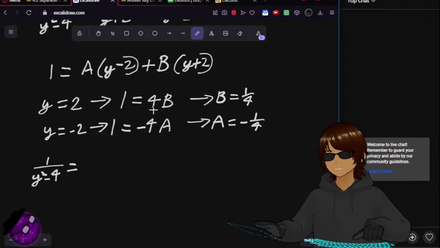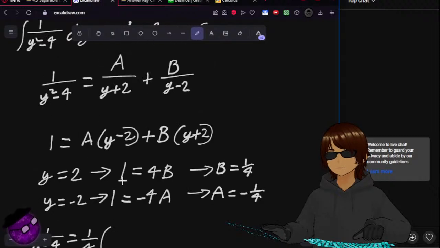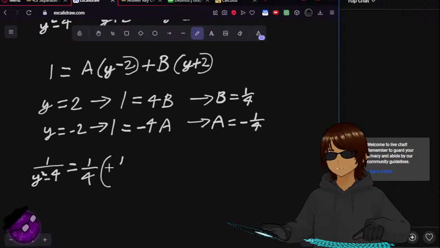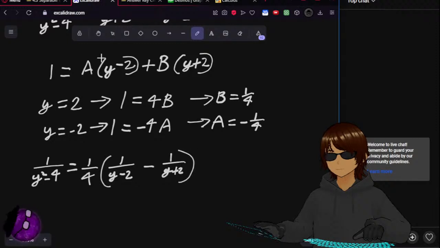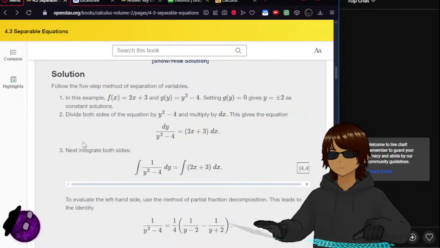One over 4 can be extracted out, but the b comes first. Minus y plus 2. Yeah.